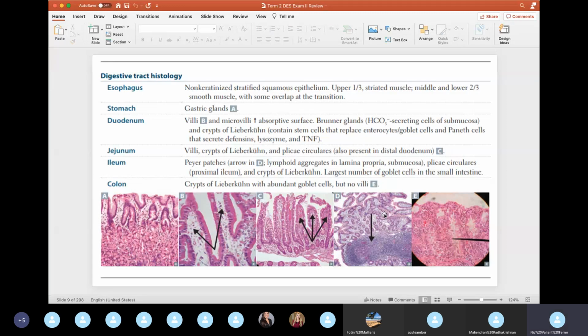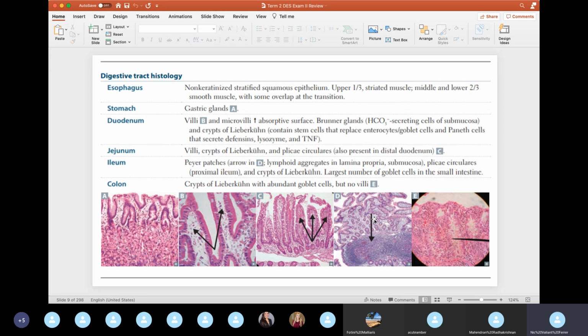Vitamin B12. How about in the jejunum? The other vitamins? Folate, or B9. How about in the duodenum? Iron. Okay, don't forget that. That's high yield. So look at D. When you see Peyer's patches, think about the ileum.